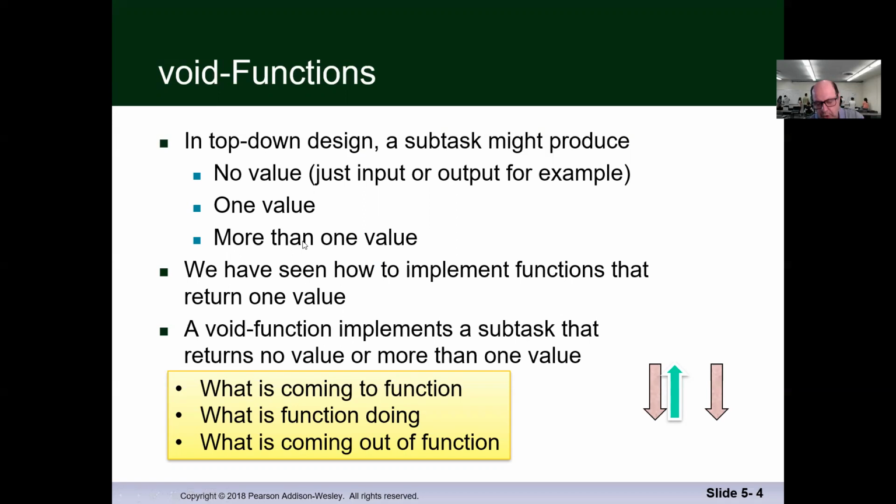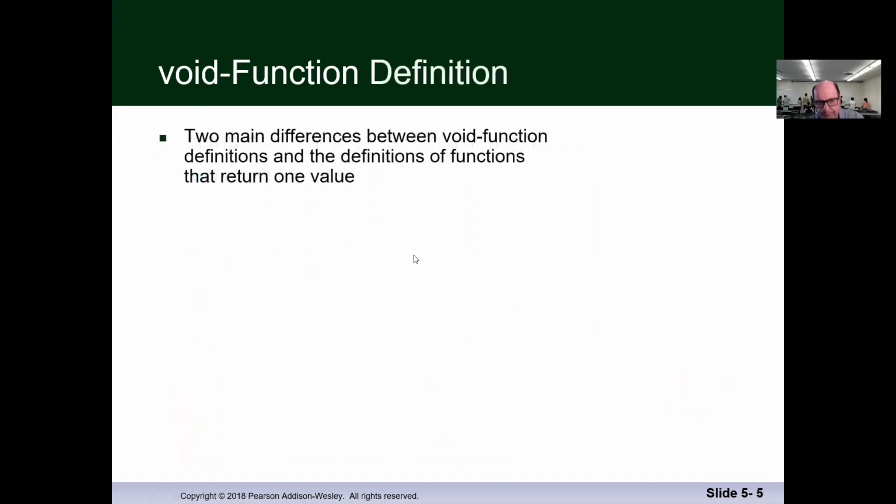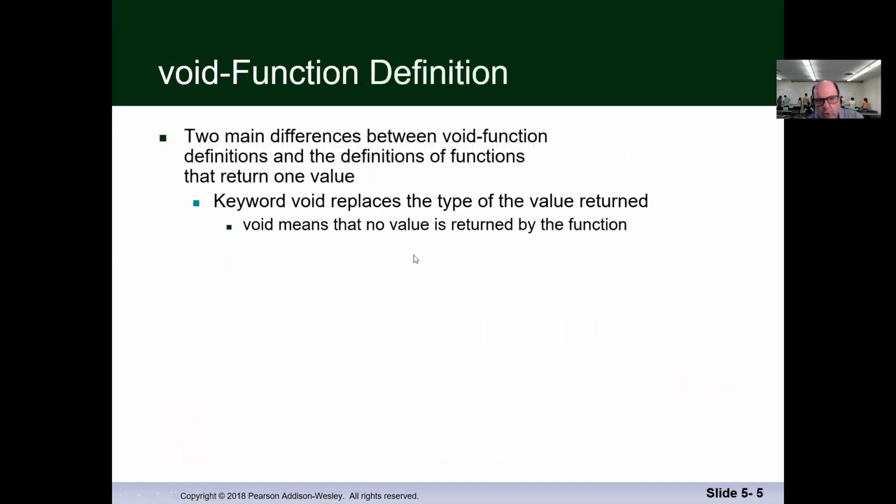But if it has more than one value to return, then I cannot return it through my return value. I have to return it through my parameters, and that goes to the next section. The keyword void, we put at the beginning of the function. That tells the compiler that this function is not returning anything.